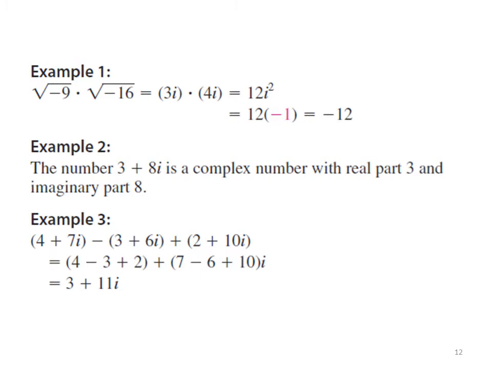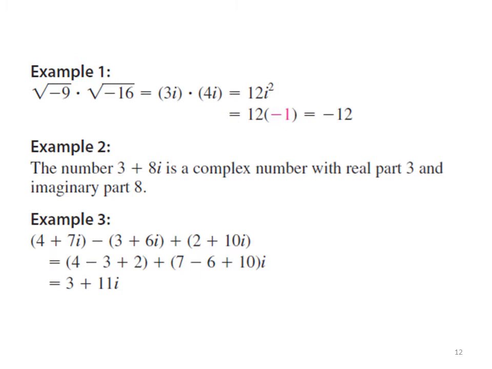The first number is 4 plus 7i, minus the second number, which is 3 plus 6i, plus the third number, which is 2 plus 10i. What you want to do is combine the real parts of each number, and also combine the imaginary parts for all three numbers.